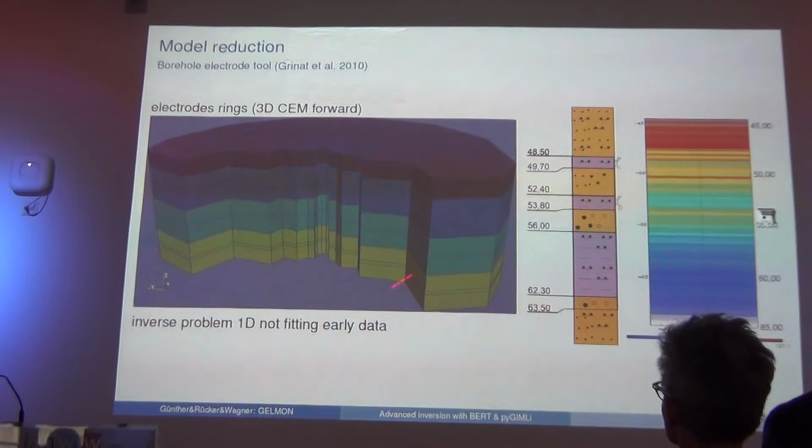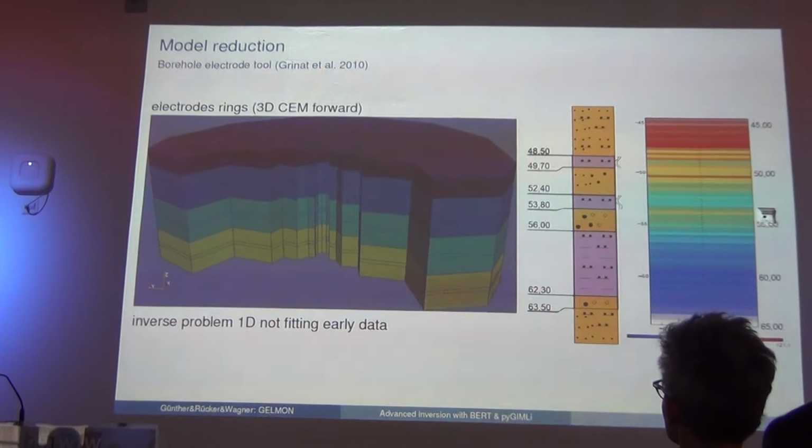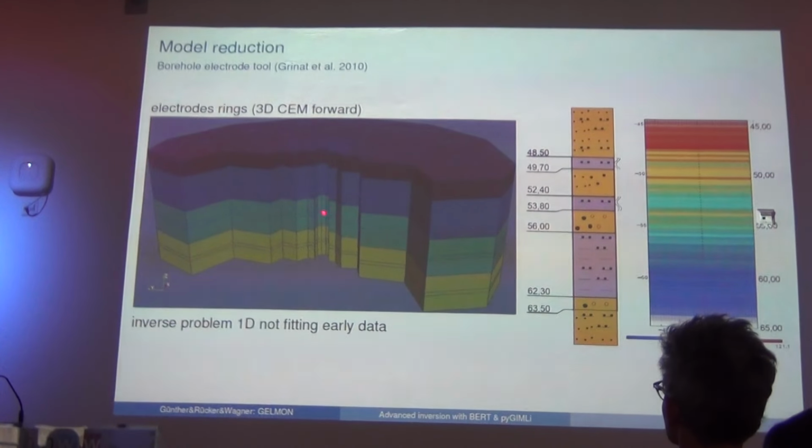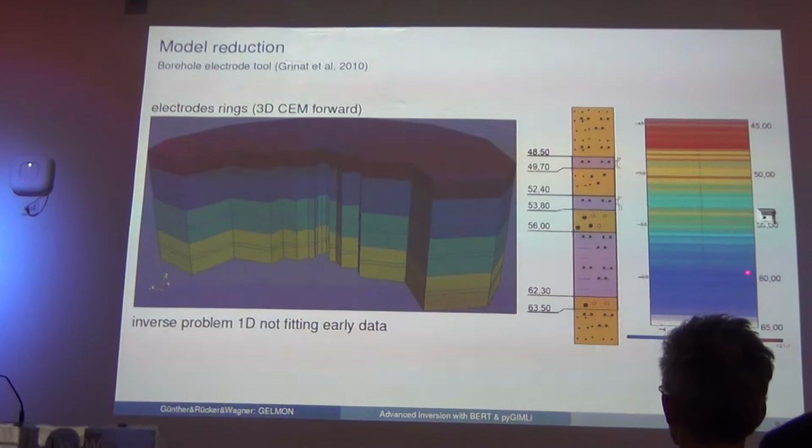The easiest model is to say, maybe the subsurface is 1D. So what you do is you create a 3D mesh which is including your electrodes. Those are the small rings, and that's the void inside of the surface. You give the electrodes special markers to mark them as electrodes, and then you can try to fit your data. And then you get a result which is basically 1D.